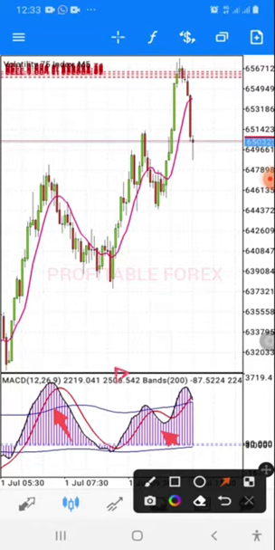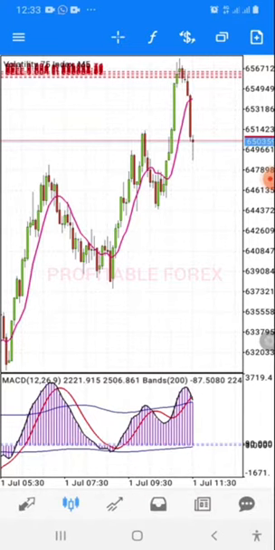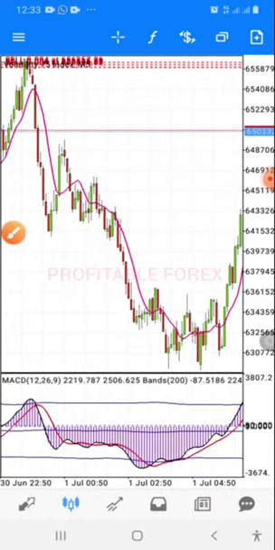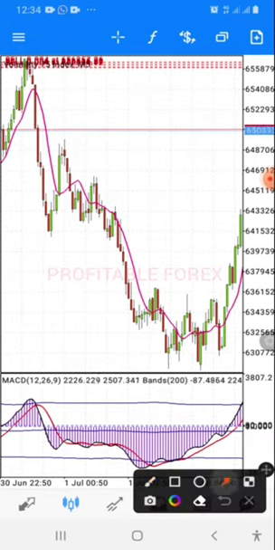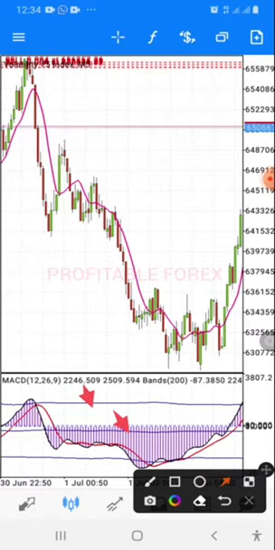And these lines are your Bollinger Bands. Let me scroll to the left so you can see it very well. These 3 lines are your Bollinger Bands: this is the upper band, this is the lower band, and this is the middle band.